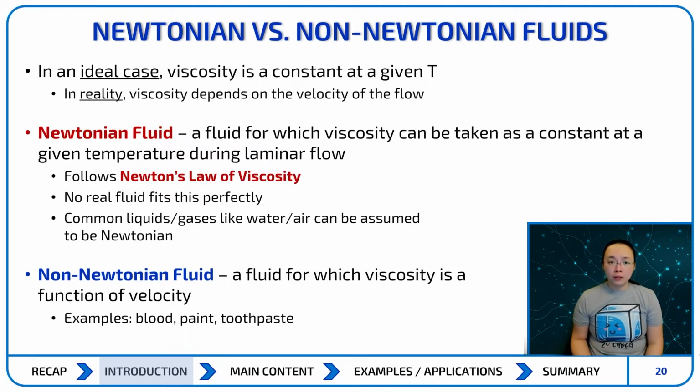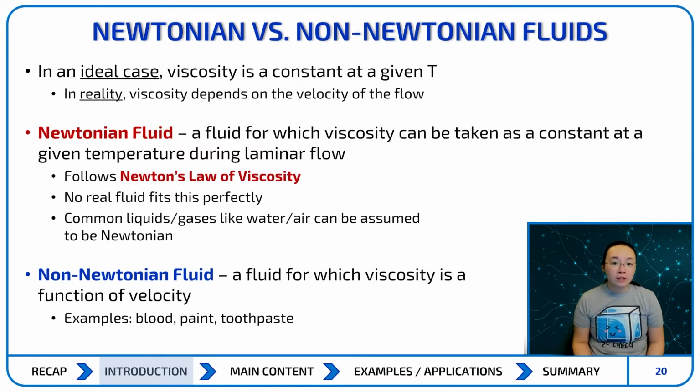Now, a non-Newtonian fluid, simple definition, it's a fluid that doesn't follow Newton's law of viscosity. So in other words, it's a fluid for which viscosity is a function of velocity. Pretty much every fluid in real life has a viscosity that is going to be dependent on its velocity.